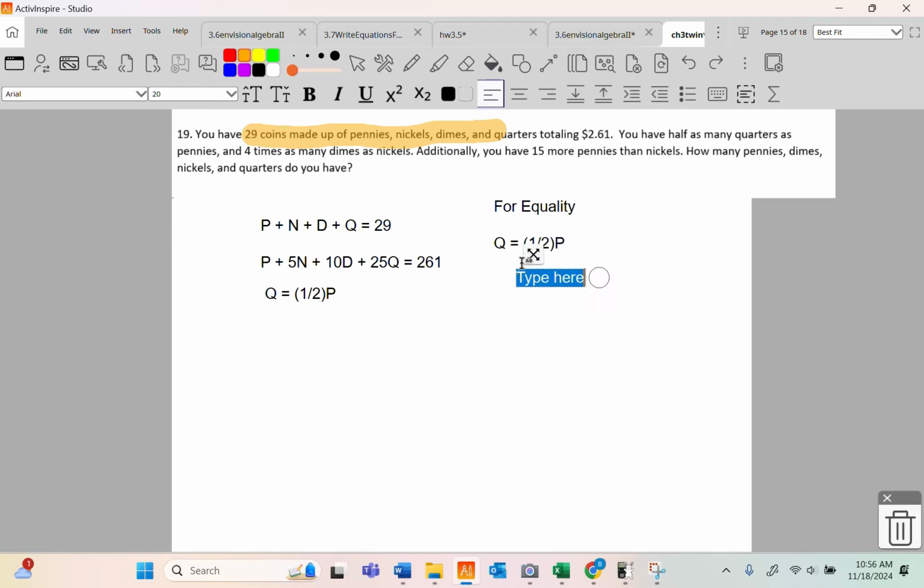4 times as many dimes as nickels. So for the dimes and nickels to be equal, you have to multiply the number of nickels. Kind of a weird equation, right?